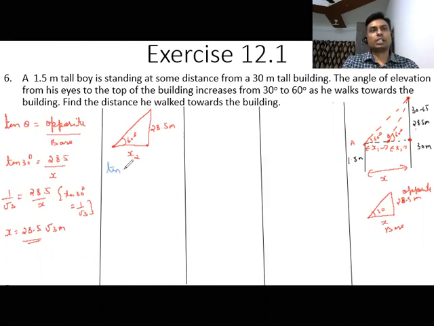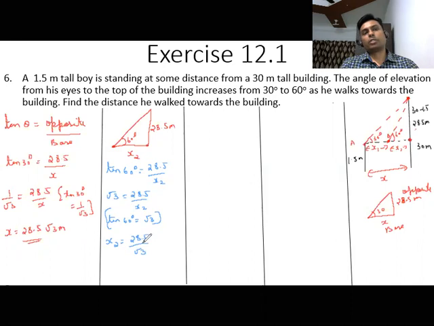So tan 60 degrees is equal to 28.5 by x2. Now tan 60 is root 3. So root 3 is equal to 28.5 by x2. Again cross multiply, I got x2 equals 28.5 by root 3.